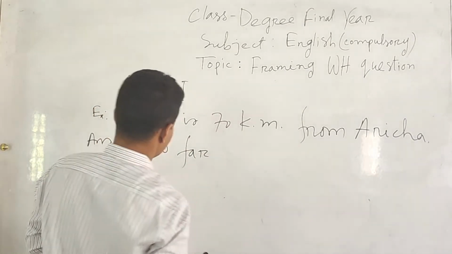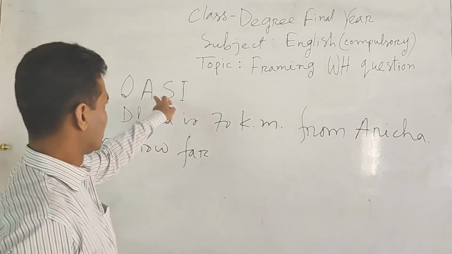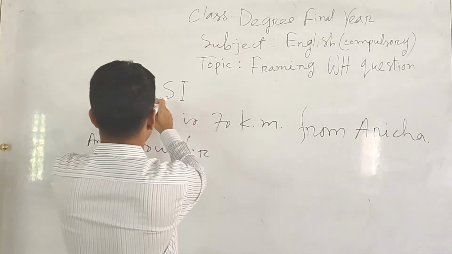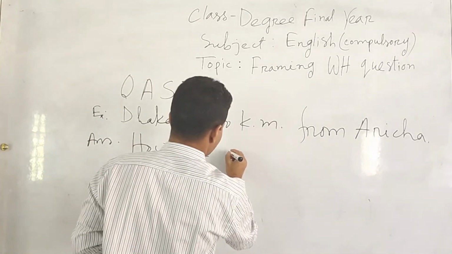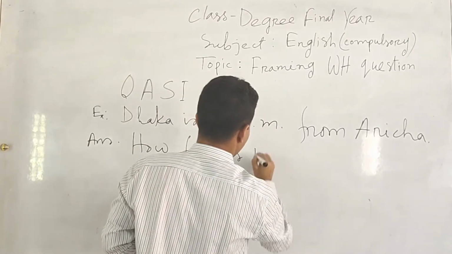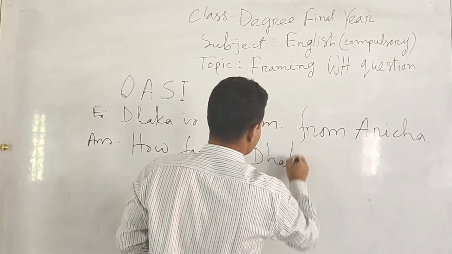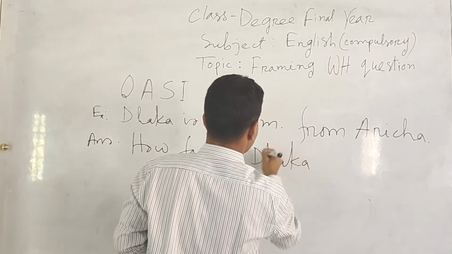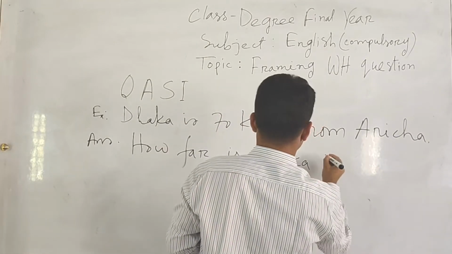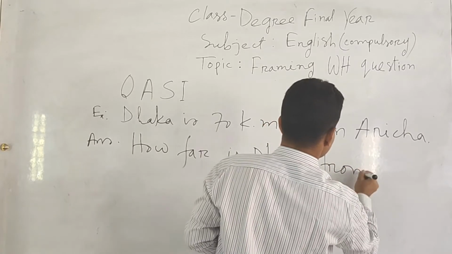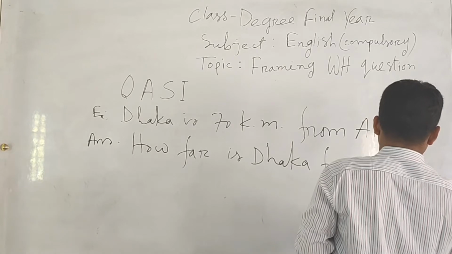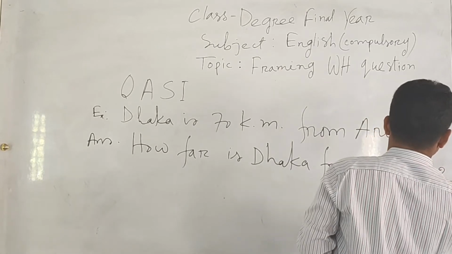Next one will be auxiliary is: how far is. Next subject Dhaka. How far is Dhaka from Aricha?